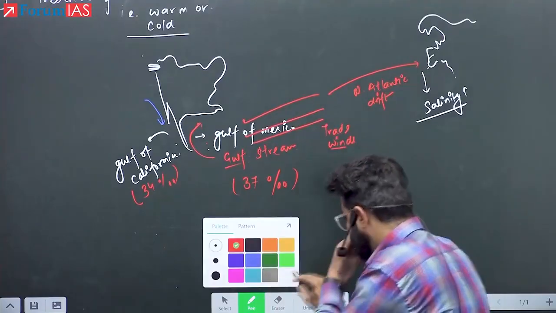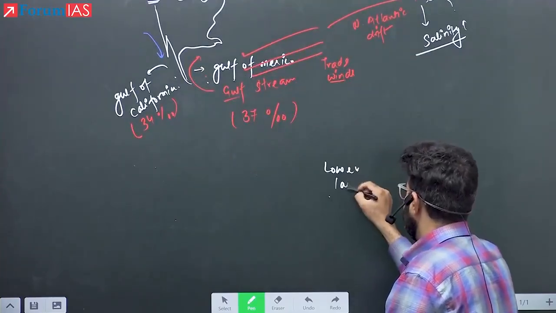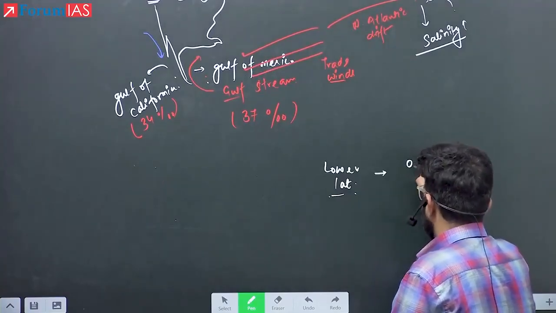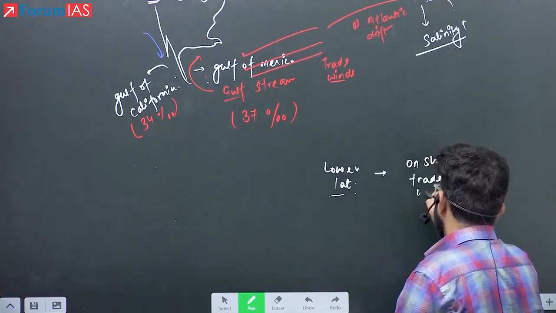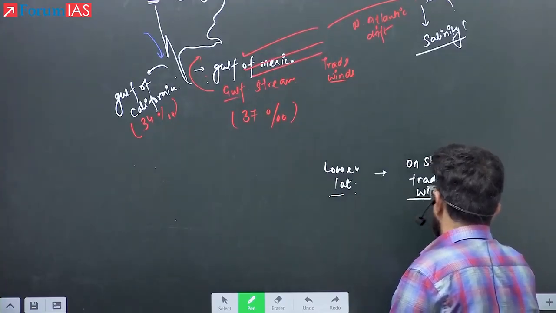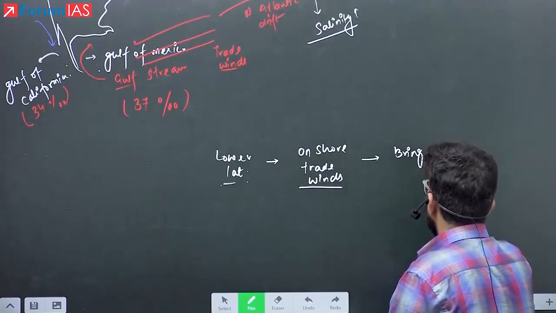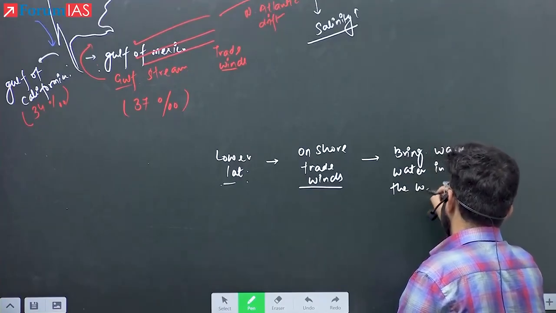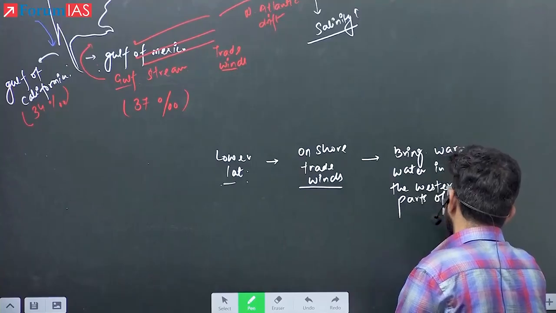So I'm writing here. Onshore or offshore? Onshore trade winds bring warm water in the western parts of ocean.